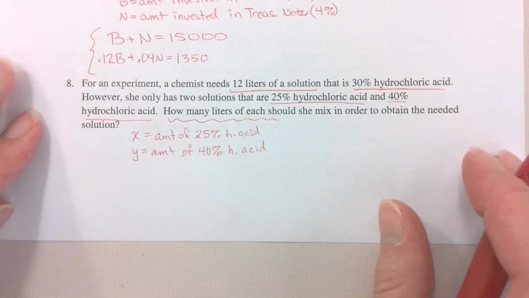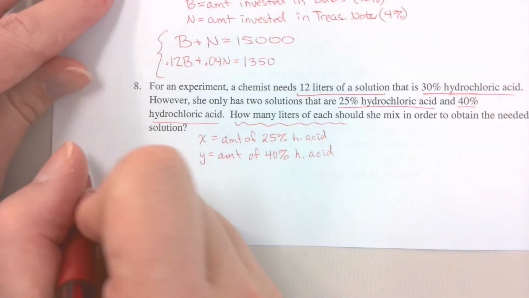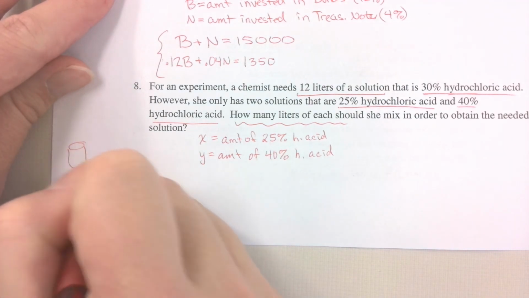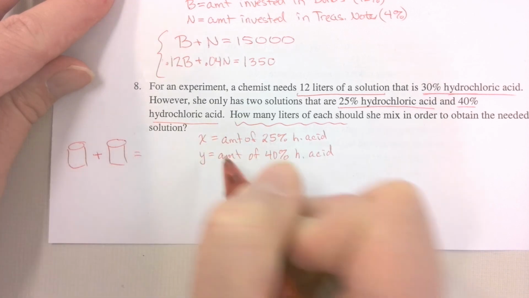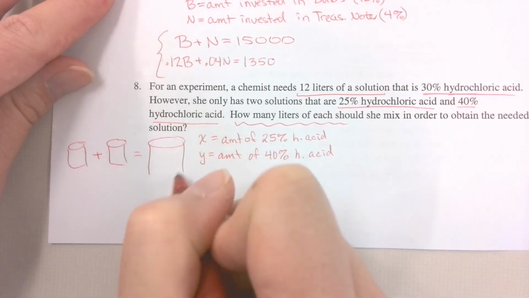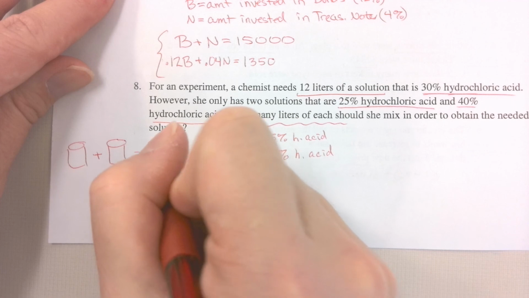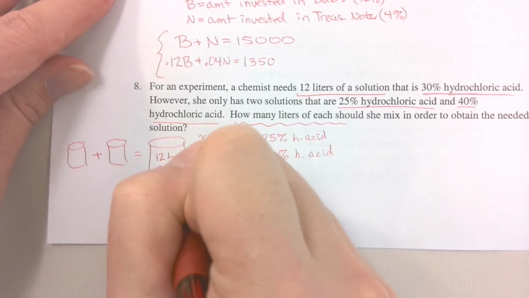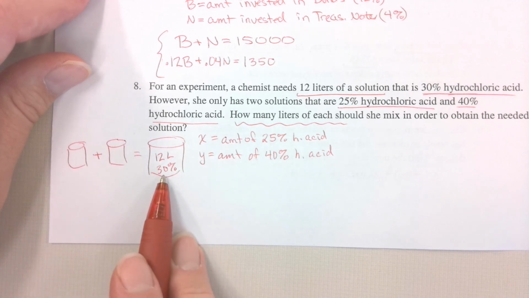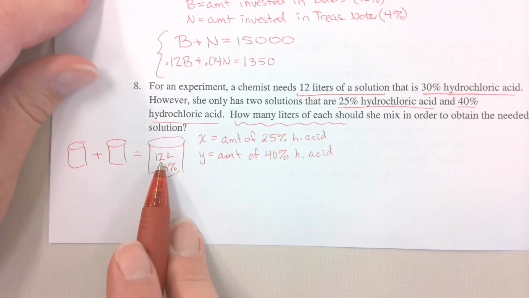Now, if it helps you to draw that little picture, here are my little cylindrical beakers right here. I'm going to have these two beakers to mix into one big beaker. In the big beaker, I want 12 liters, and I want it to be 30%. So 30% of this will be acid, and the rest of it will be whatever solution we have.